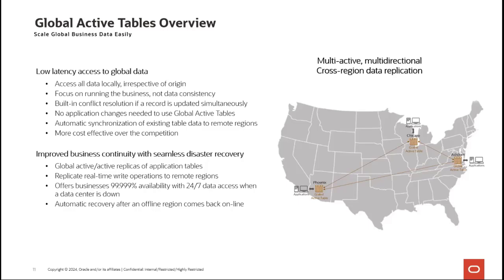Those changes will get propagated to Ashburn. Once Chicago gets back online, we keep track of where Chicago was last at, and then the changes that occurred in Phoenix will get propagated over to Chicago. And there isn't anything that the application has to do. That all happens underneath the covers.